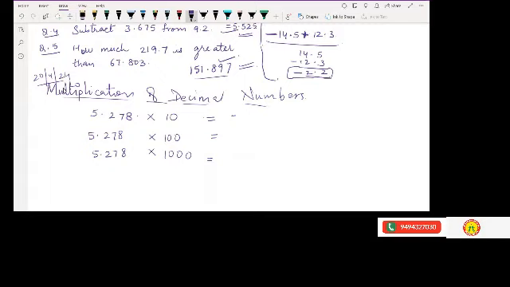Now see, children, when we multiply with 10, just don't look at the decimal point now, just multiply the numbers. So that is 5278 and multiplying with 10, we get 0 at the end. Now you can see the decimal point is after 3 numbers from the right side.